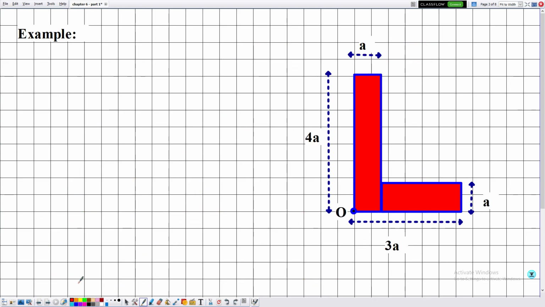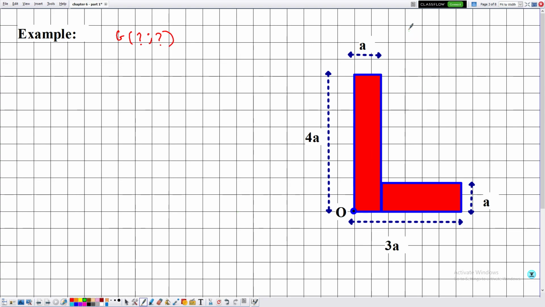Now, also let's consider the following example. We are interested in determining the coordinates of G, representing the center of gravity of the following system. In order to do so, always first we locate the center of gravity of each body, then we write down the barycenter formula.